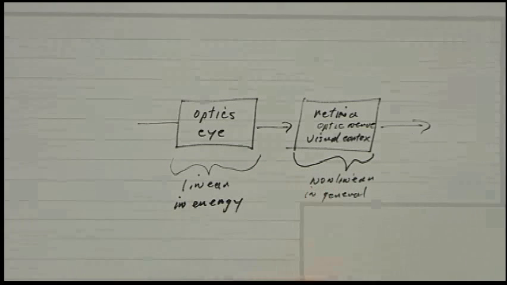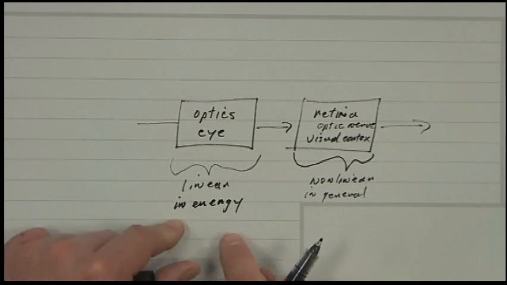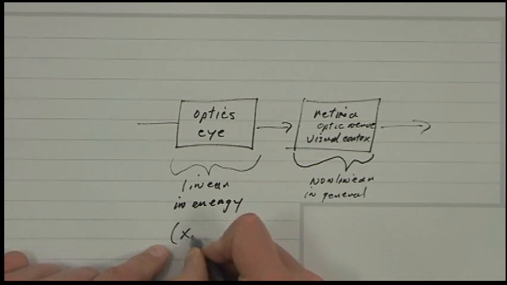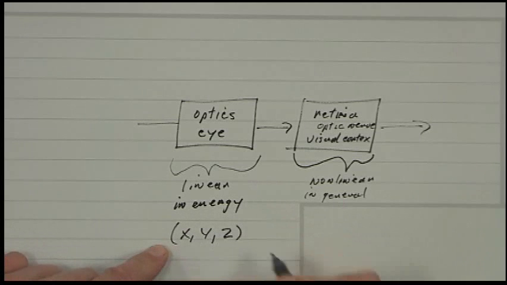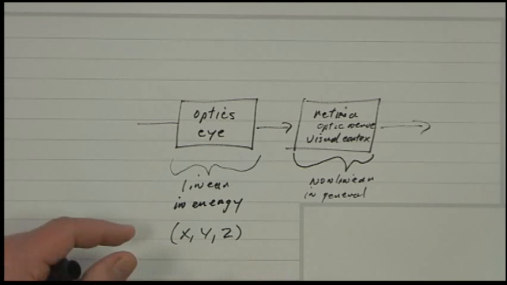So if you're processing the data in linear units proportional to energy, that would mean X, Y, Z. So this would be X, Y, Z. By linear, I mean that the variables that represent the data are linearly proportional to the number of photons. Is that true for gamma-corrected RGB? No, it's not linear.